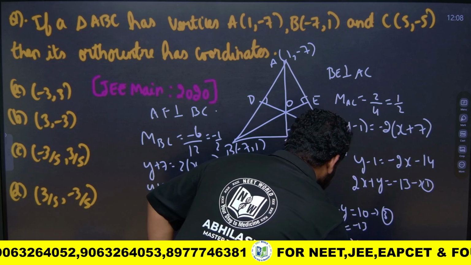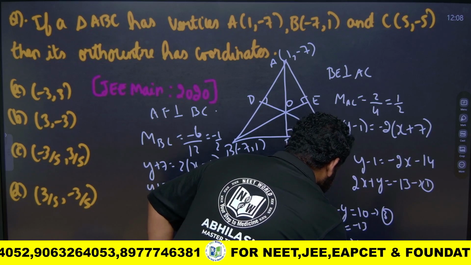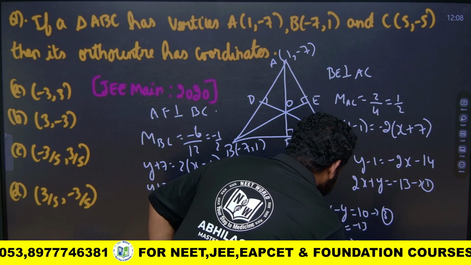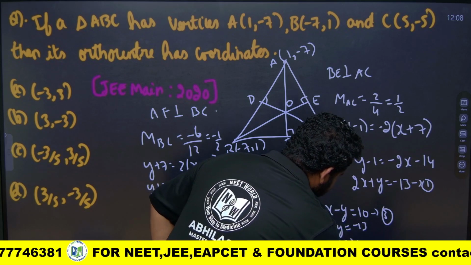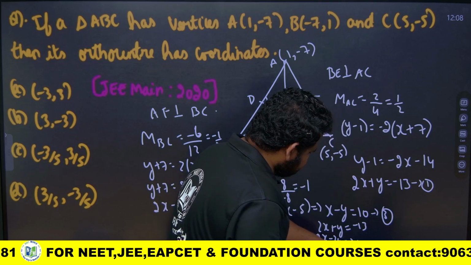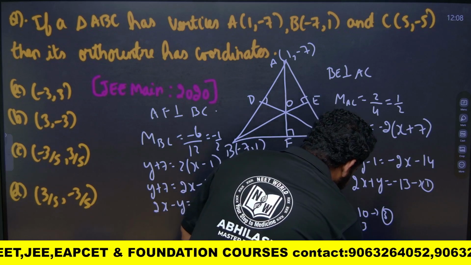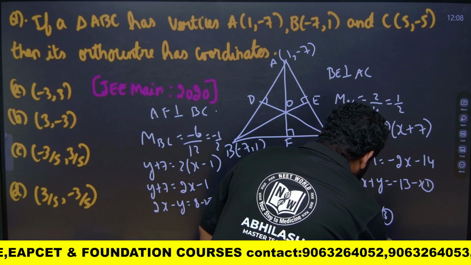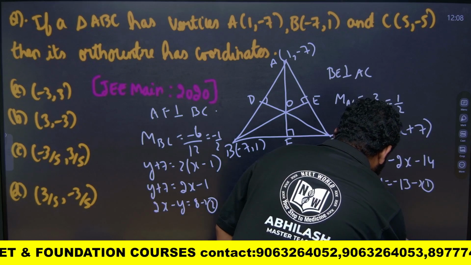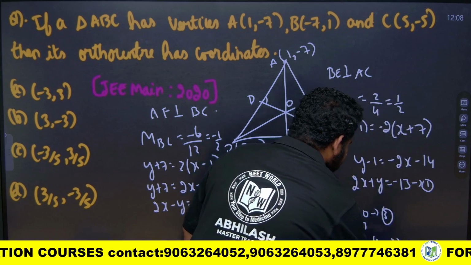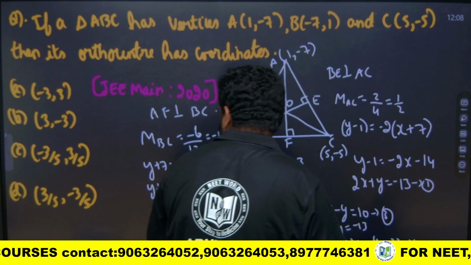If I solve this, what will I get? Here it will get 3y is equal to minus 20 minus 13. So this will become minus 33. So y will be equal to minus 33 by 3, so that will be equal to minus 11, something like that.